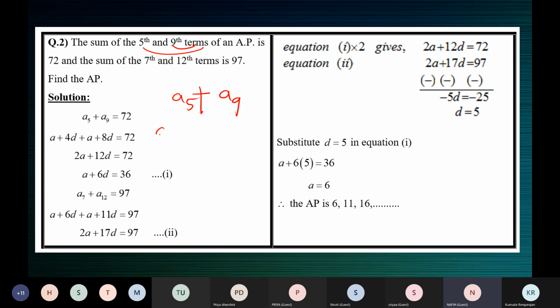The sum of the 5th and the 9th terms is 72. So that means the 5th term is a plus 4d, the 9th term is a plus 8d, and the sum is equal to 72. So from this you get an equation in a and d.